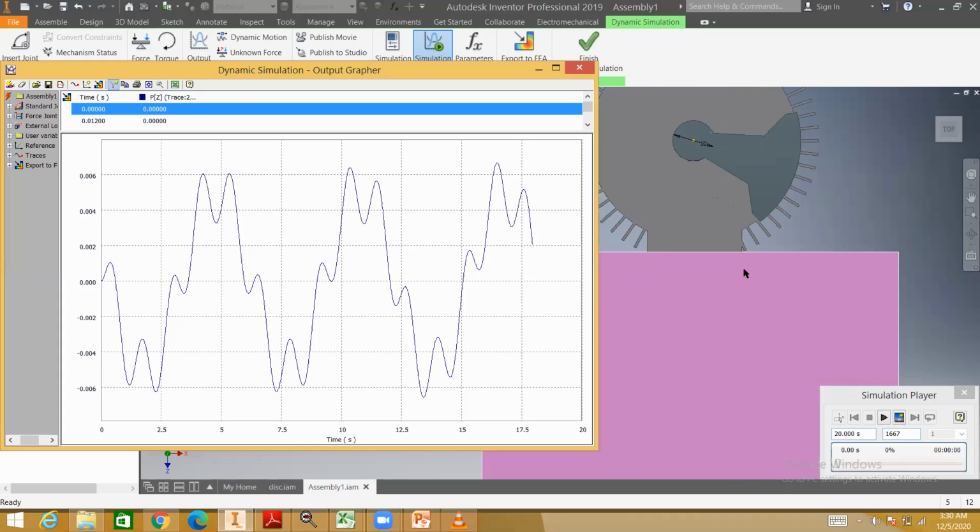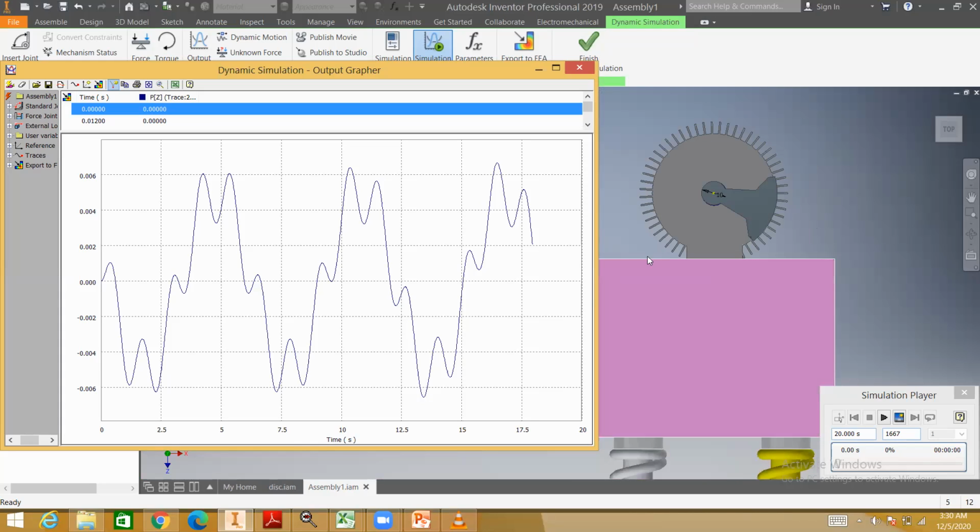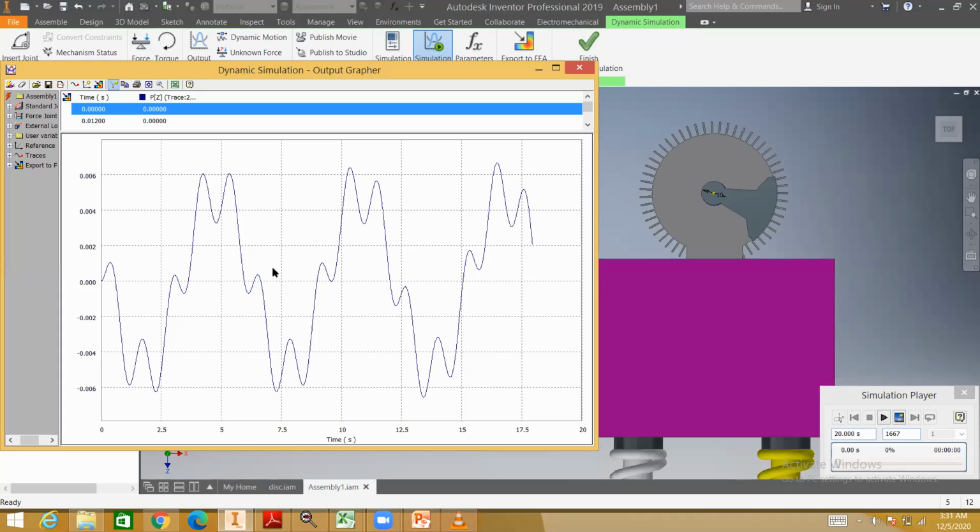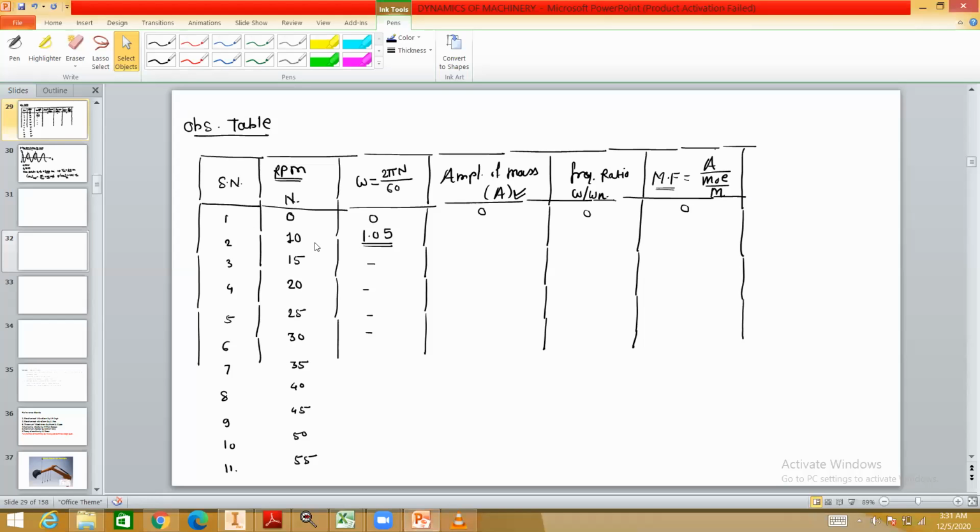So if you change the speed gradually, then the displacement will increase. Okay, so first value for 10 RPM, you note down this value. This is 0.006 mm. Now I will increase the speed.